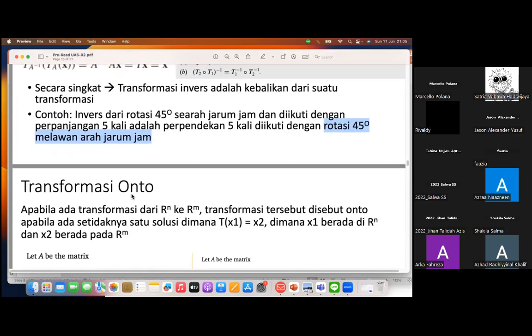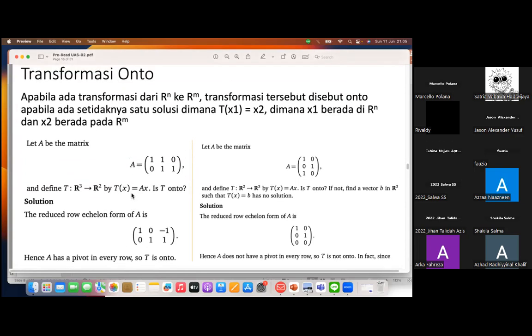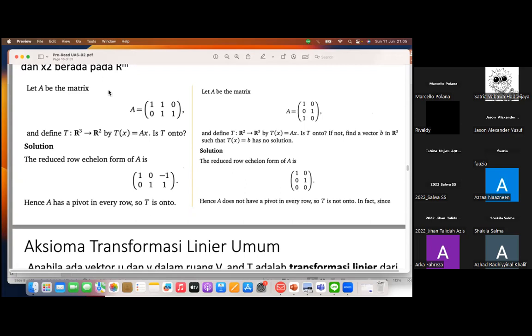Another type of transformation that we should know is called onto transformation. I'll just be quick here. Let's say we have matrix A, and matrix A has 2 rows. If we see here, is it onto? Yes, because A has a pivot in every row.